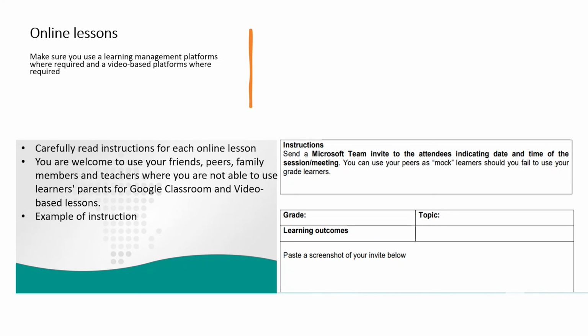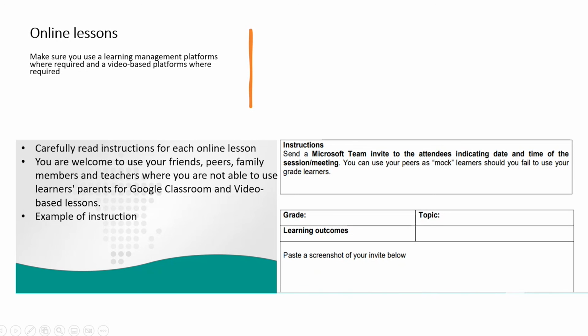But on the right-hand side, I'm talking about the instruction. Let's look at this instruction. It says, send a Microsoft Teams invite to attendees indicating the date and time of the session or meeting. I took this from the middle, it's not the whole lesson. I'm saying you are given instructions. Let's say they've given you a subject and you need to teach it on Microsoft Teams.